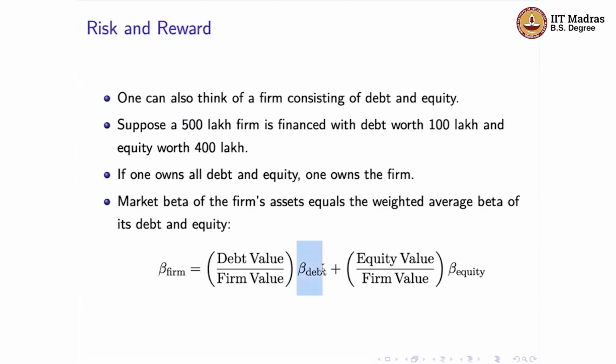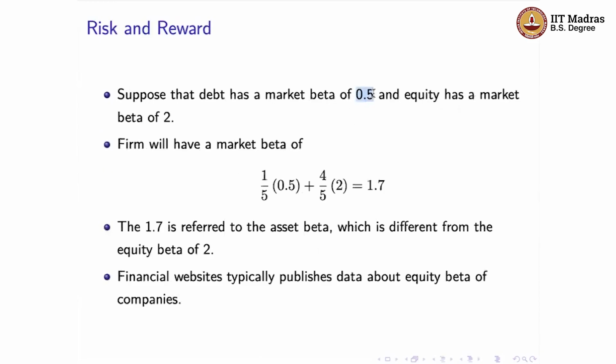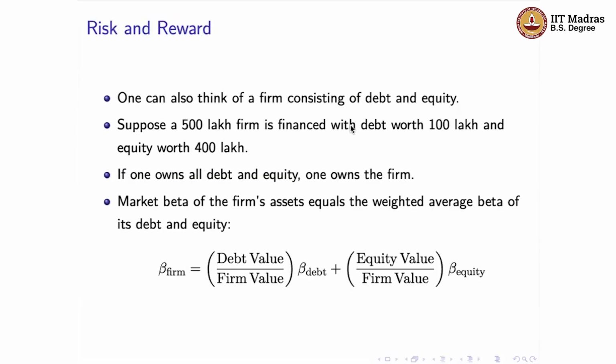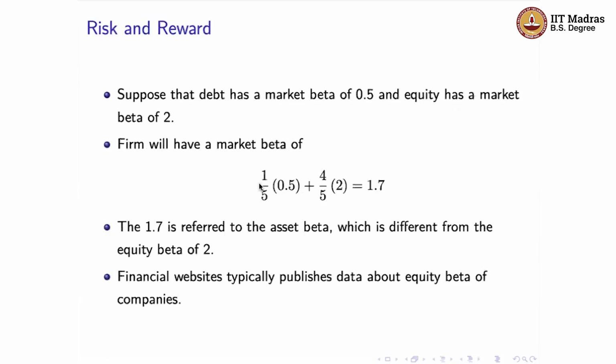Then this beta debt, we had information that that's 0.5. Equity value to firm value would be 400 by 500, so that's 4 by 5, and this beta equity was 2, right? So then if you do the calculation, you end up getting 1 by 5 into 0.5 plus 4 by 5 into 2, and that's equal to 1.7, right? So this 1.7, this amount that you got, that's actually nothing but the asset beta, right? So the beta of the asset or of the entire firm.